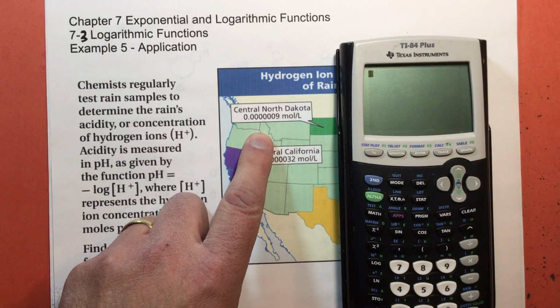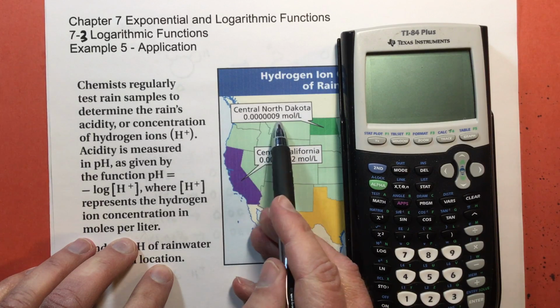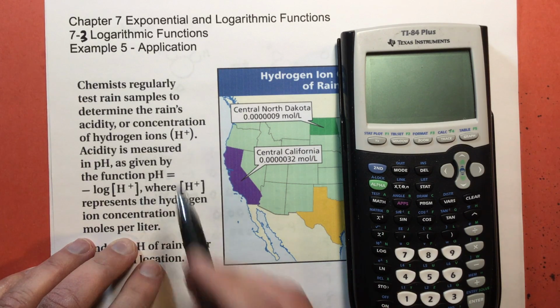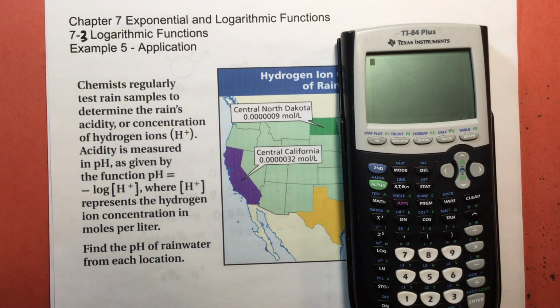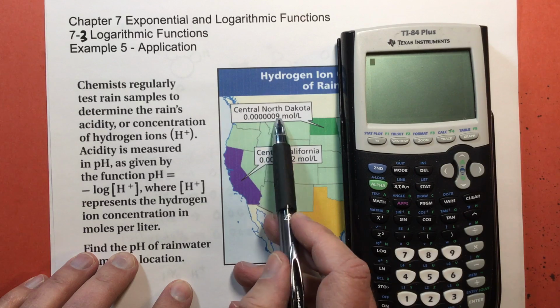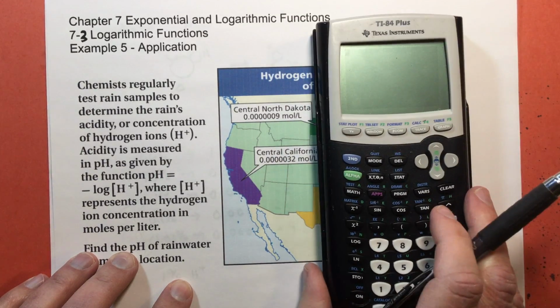We have to be careful because how many zeros you have is the relative concentration of the hydrogen ions, which are protons. H plus is just a proton. So the more you have of that, the more acidic it is. However, the more you have, the fewer zeros here, if you think about it, because this is a percentage. It's going to be less than 1.